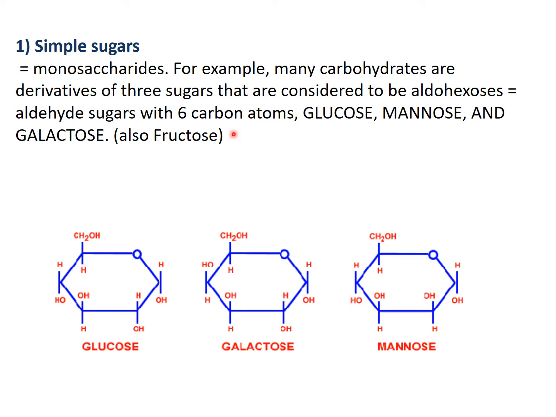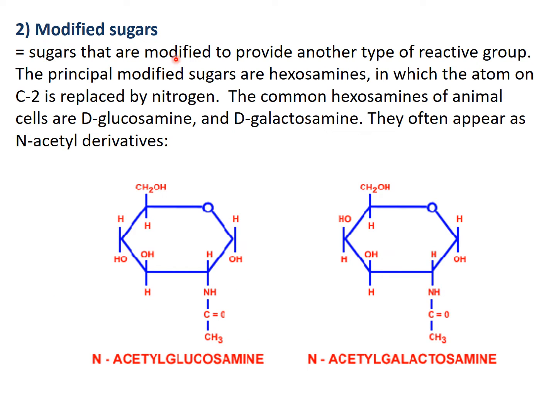Simple sugars, what you learned, are glucose, galactose, mannose. Of course, we learned about fructose too, but it is better if we don't eat a lot of fructose, if you recall. Now we can modify these sugars, and this figure shows that in the first step, the hydroxyl group was changed to an amino group, and in the next step, the amino group was acetylated.